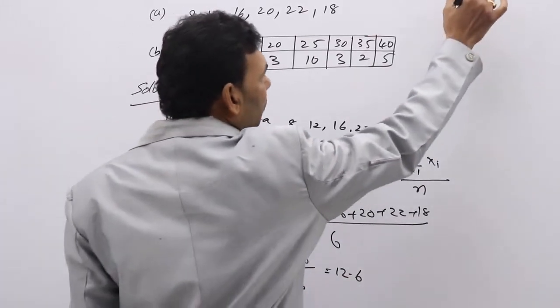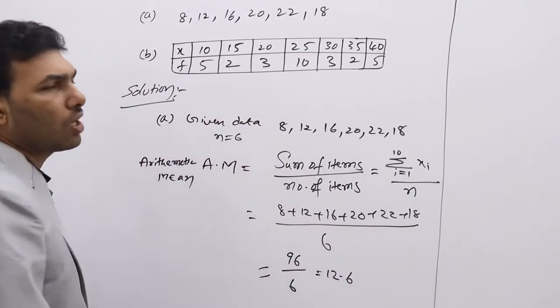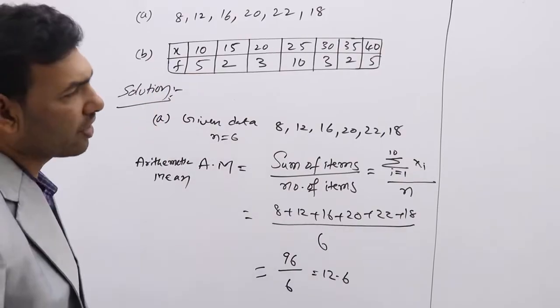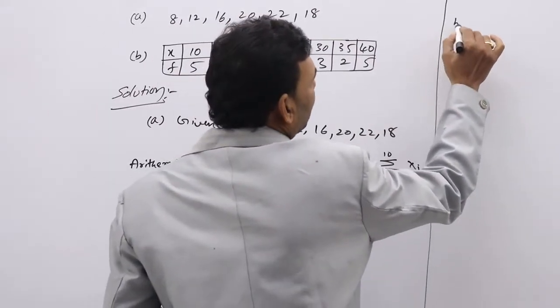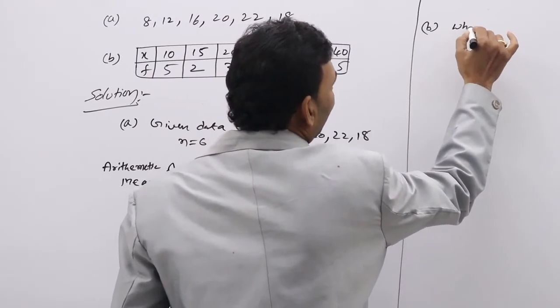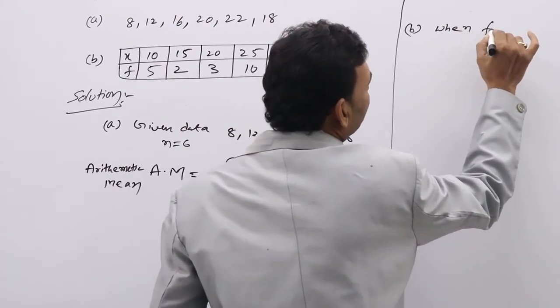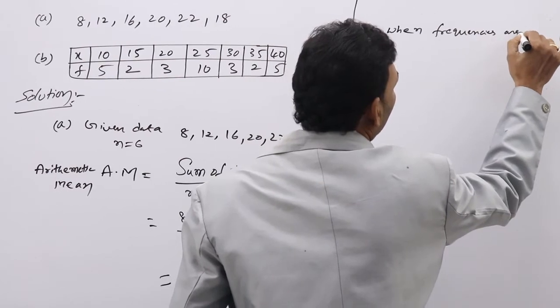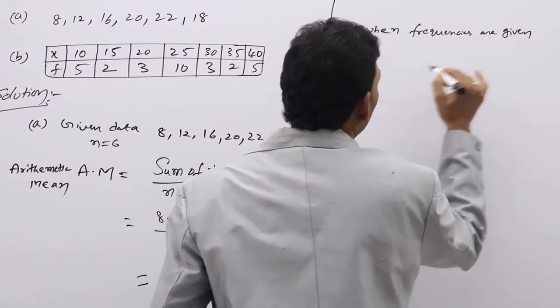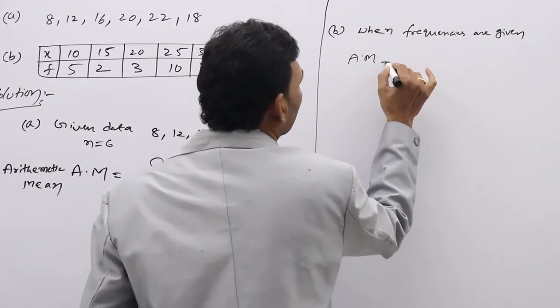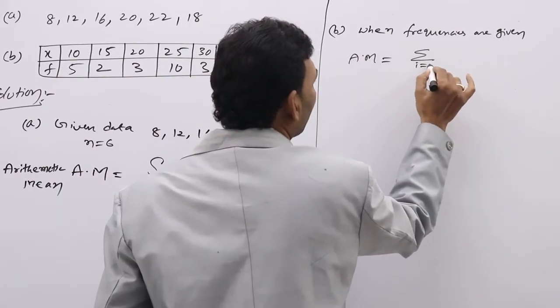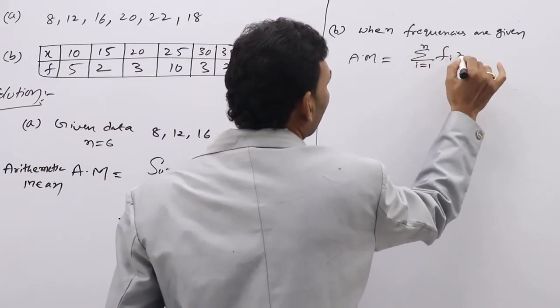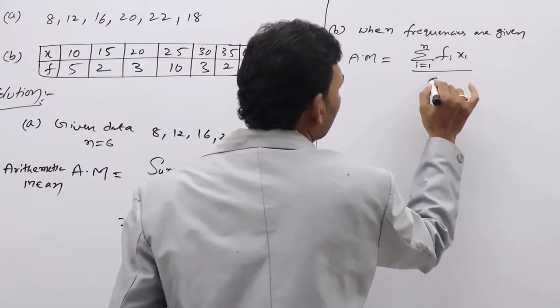Coming to the second bit, that is also ungrouped data, when frequencies are given along with x. When frequencies are given, the arithmetic mean formula is sigma i equal to 1 to n fi xi by sigma f.